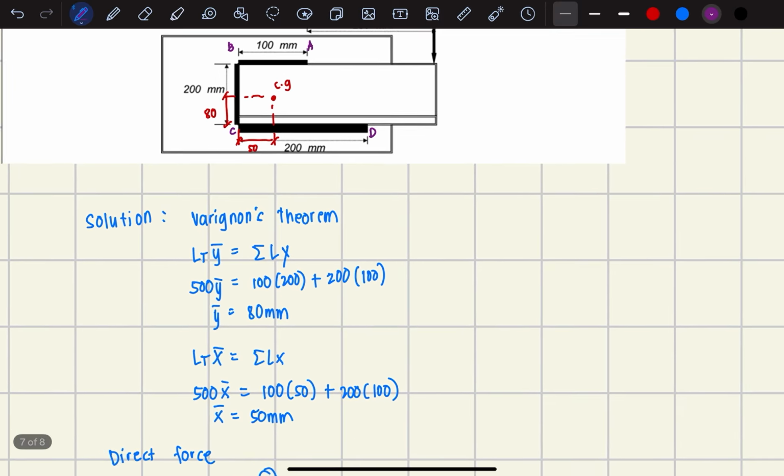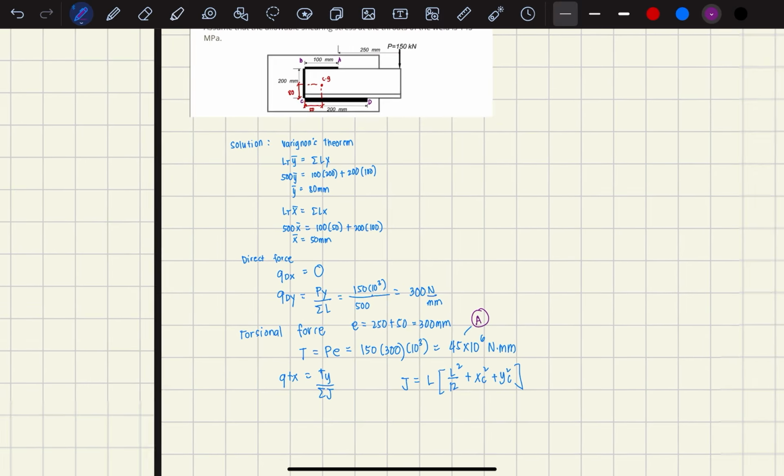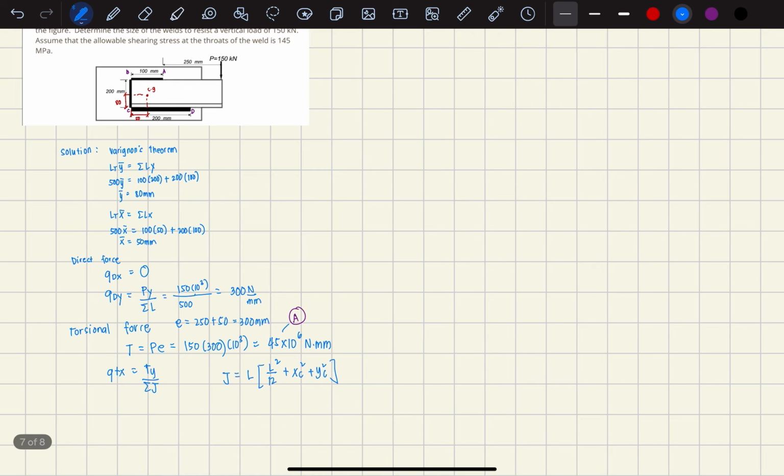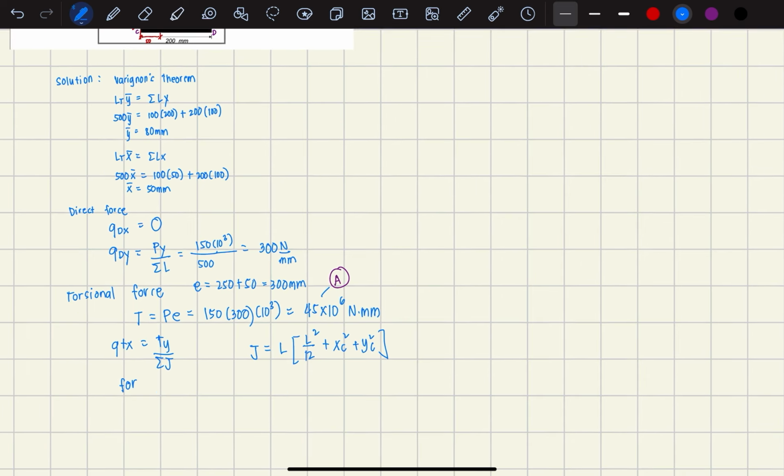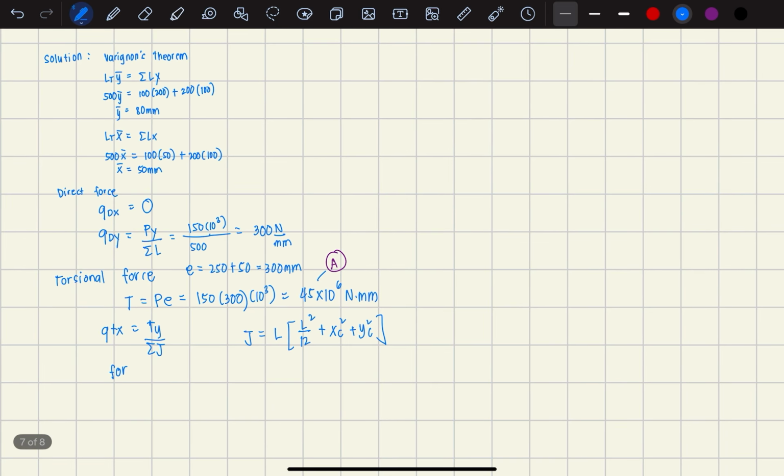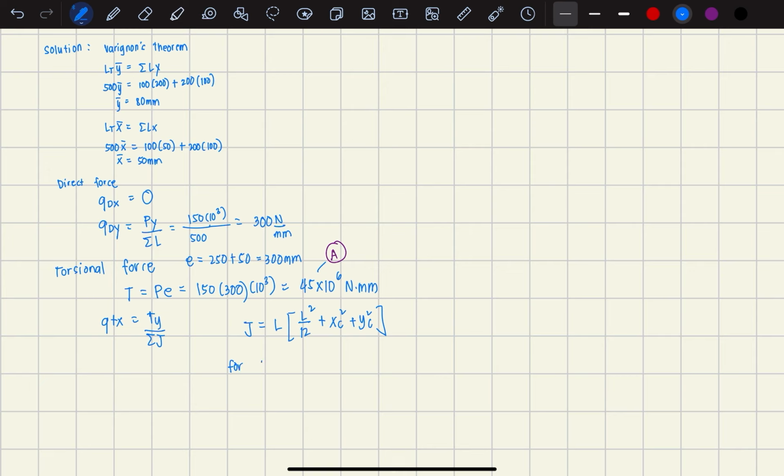So, for segment AB, class, yung polar moment of inertia niya is L. Ano yung magiging polar moment of inertia?